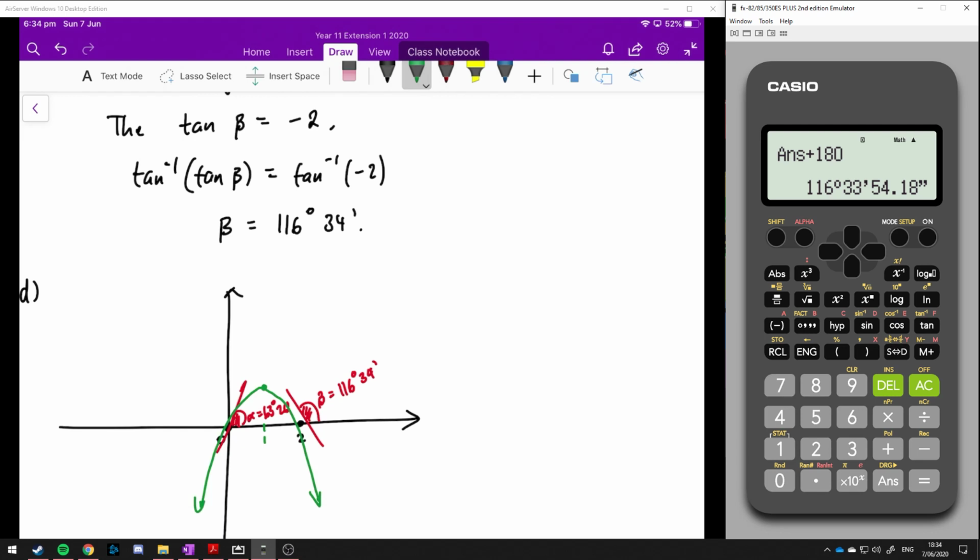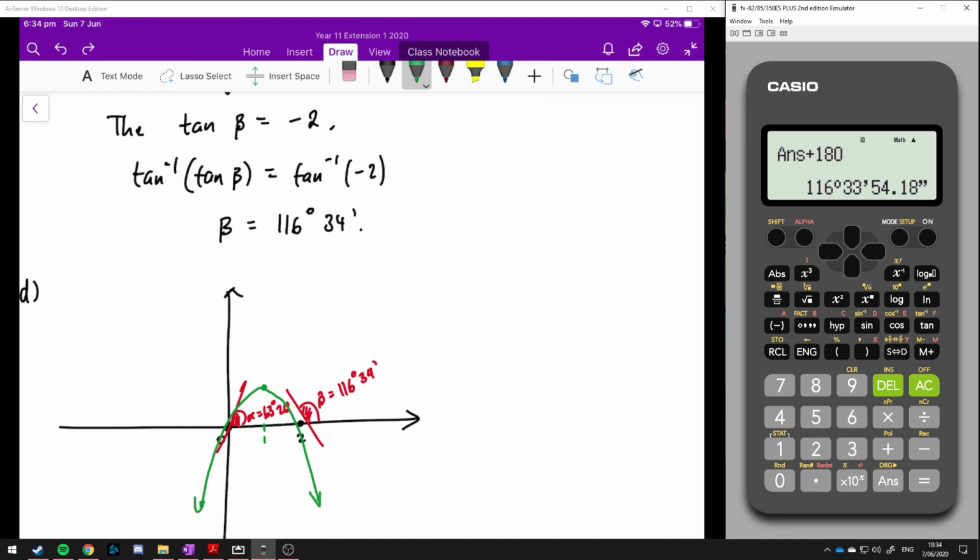You can see that our tangents make that angle like that, and that angle like that. So that's how we work out the angle of inclination and the gradient of our curve.